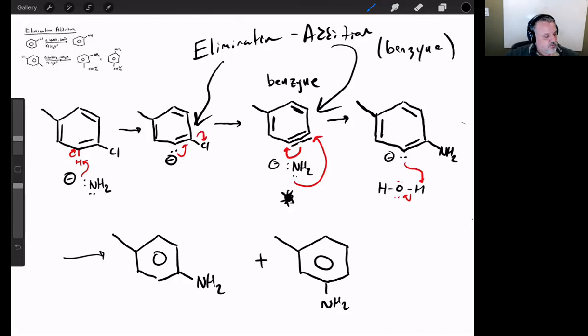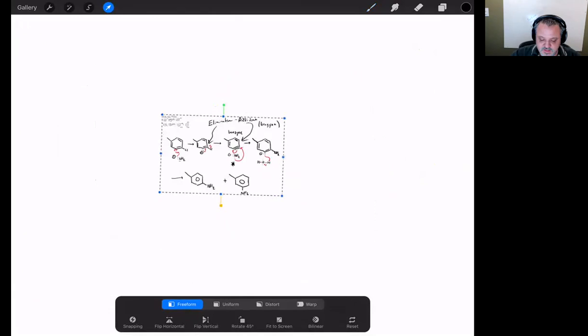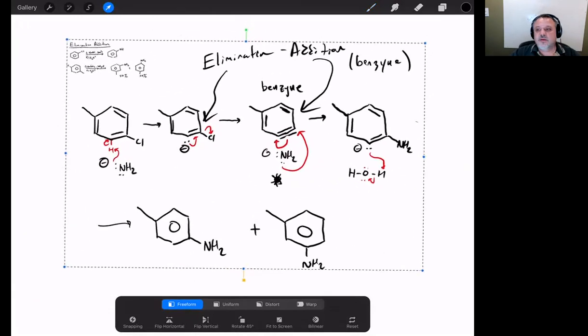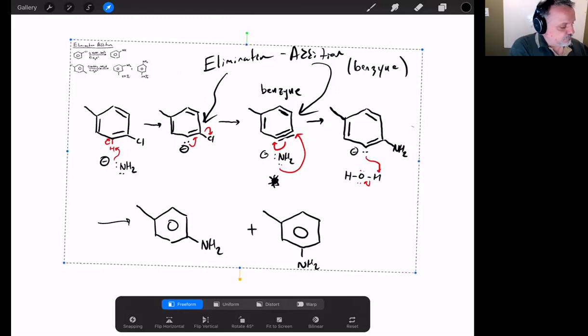All right, so what I want to do is just pause there for a nice long beat, nice long minute, and see if there are any questions about any of that, because that's it. That's all of the chapter that is involved with reactions of benzene rings, aromatic substitution reactions.